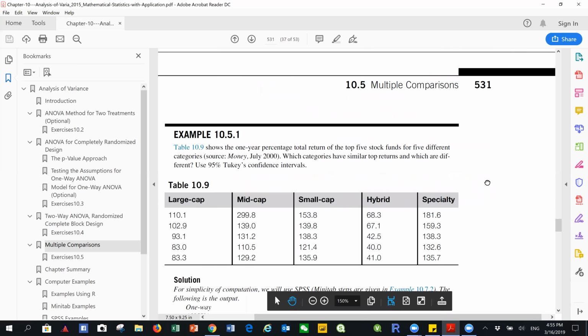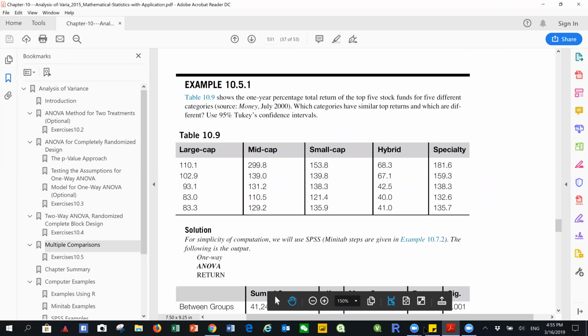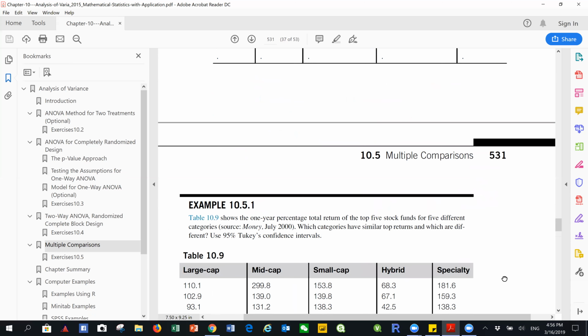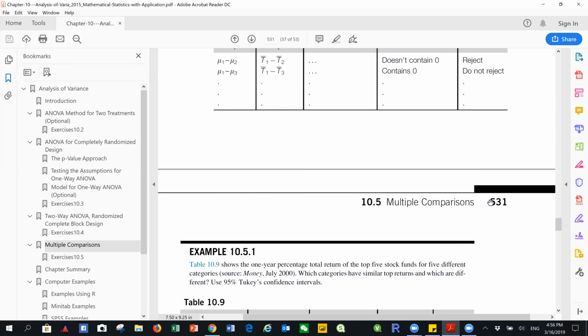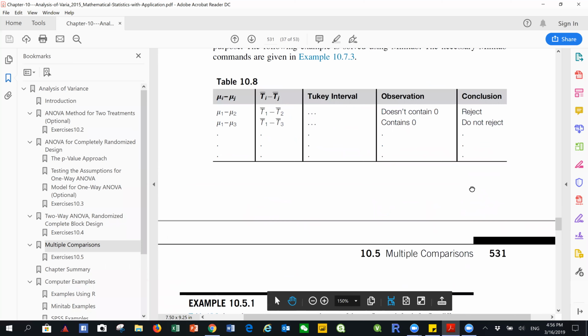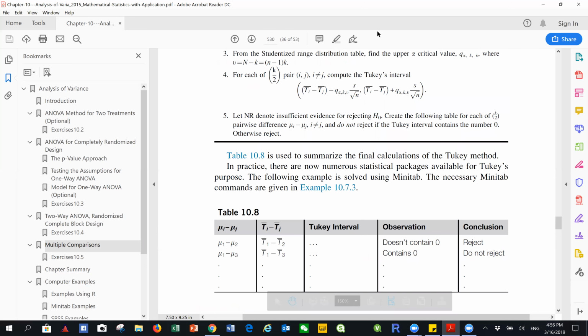And this supports my earlier statement that hypothesis testing and confidence intervals are actually just two sides of the same coin. You can use a confidence interval to conduct hypothesis testing, and this is exactly the case here for Tukey intervals.